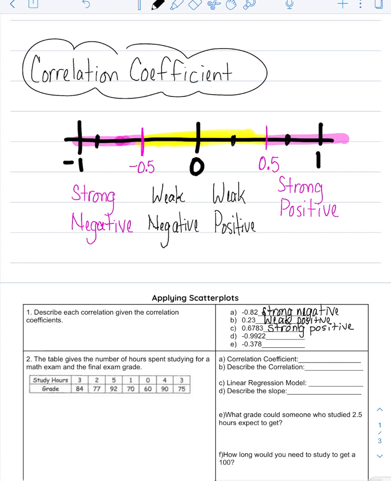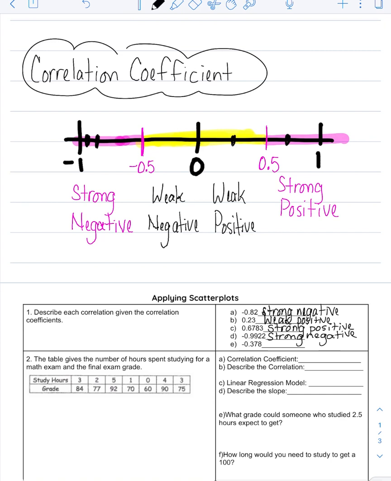If it's 0.5 or above, it's strong, or on the negative side, 0.5 or to the left. Look at D, negative 0.9922. That's going to be almost at the -1. So that is definitely strong, and it's on the negative side. Whatever this correlation coefficient represents has a strong negative relationship.